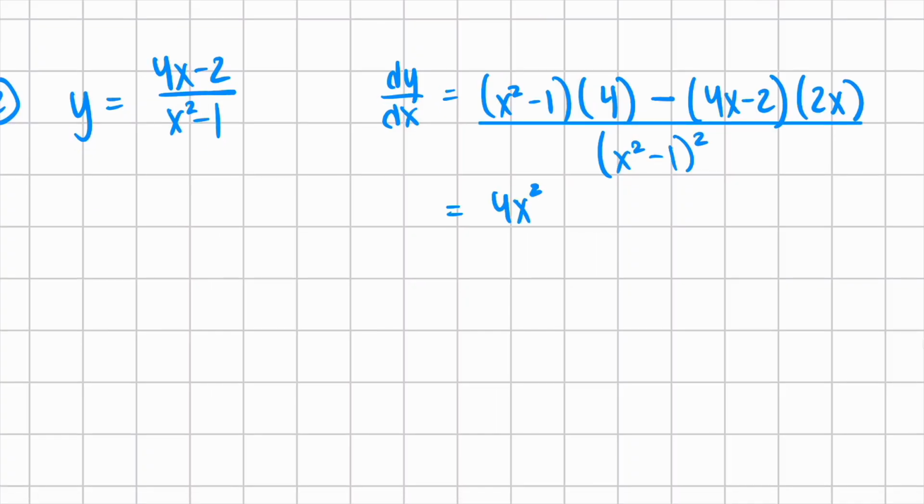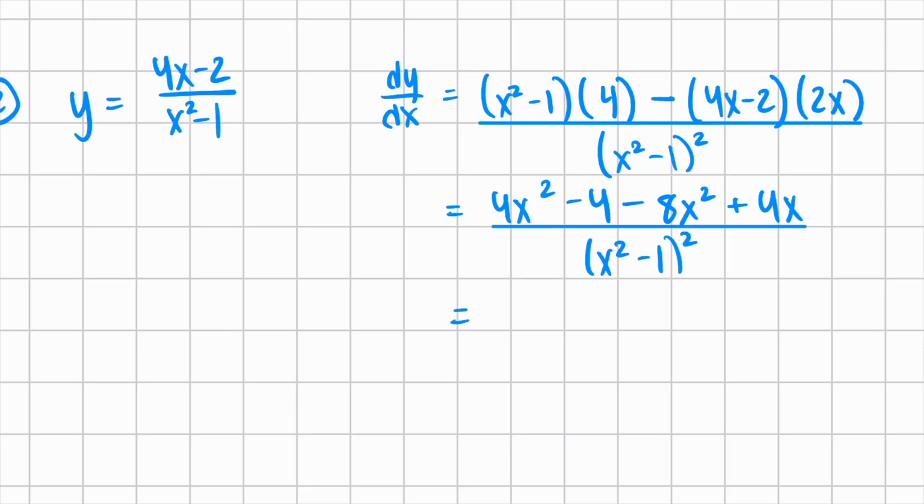So I'm distributing the 4, distributing the negative 2x, I'm not going to multiply out my denominator. Combine like terms, 4x squared minus 8x squared.